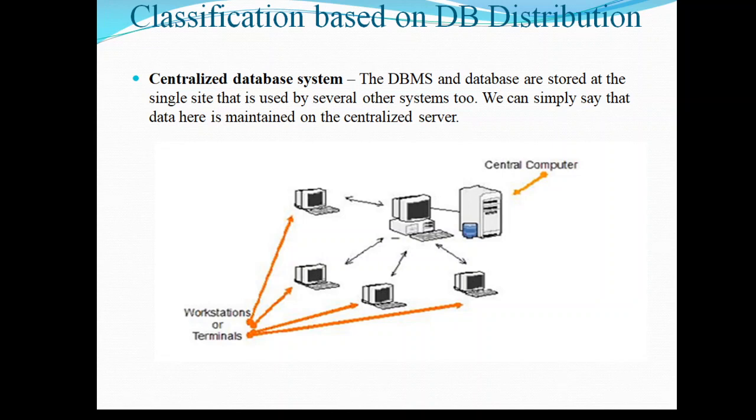So complete data is residing at one place, and with the help of the DBMS residing at the same site, many other users from their terminals or workstations can access the data that is maintained at a single place, that is the centralized server.